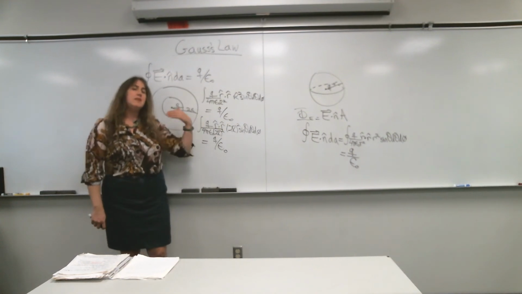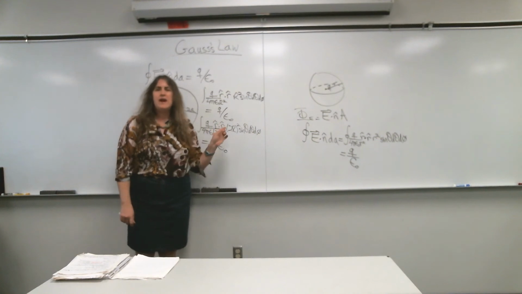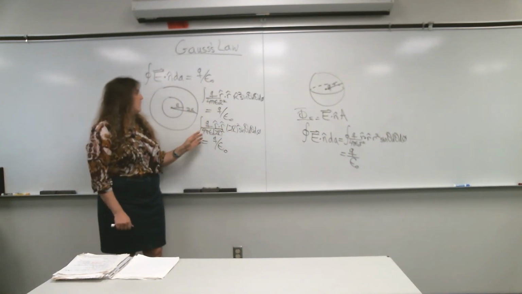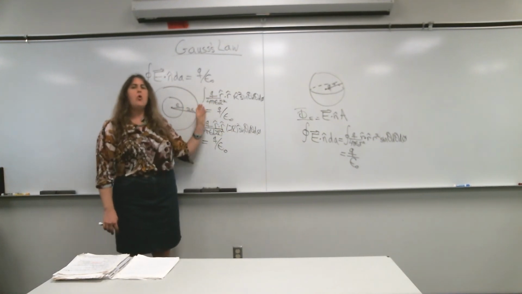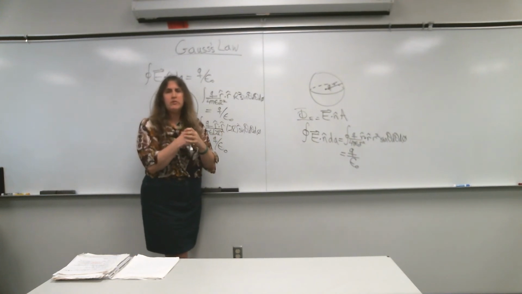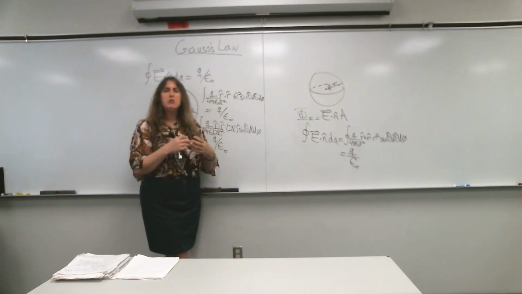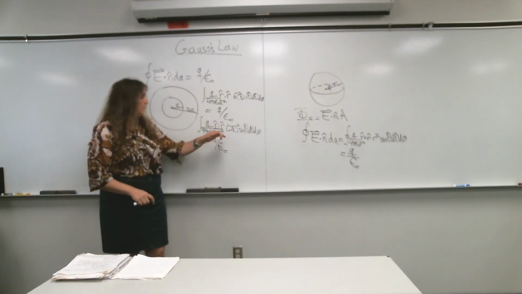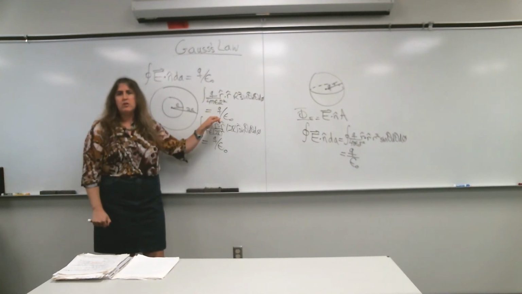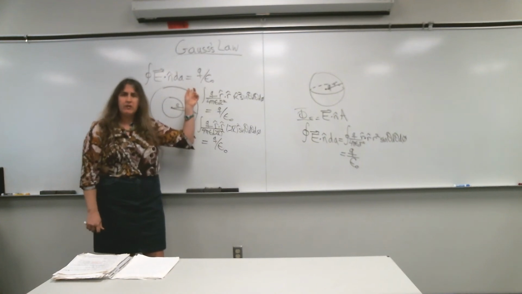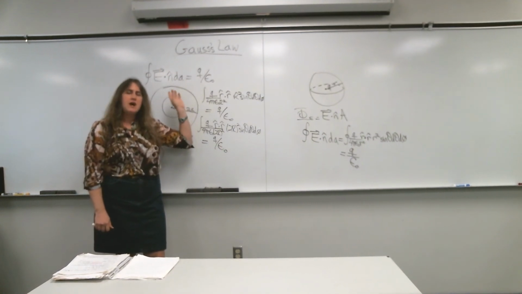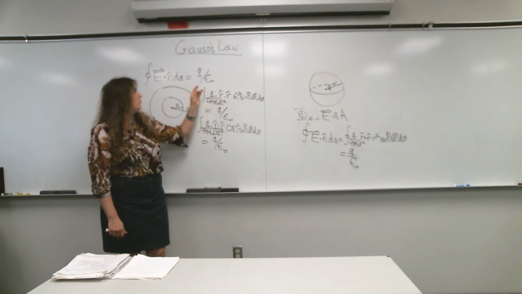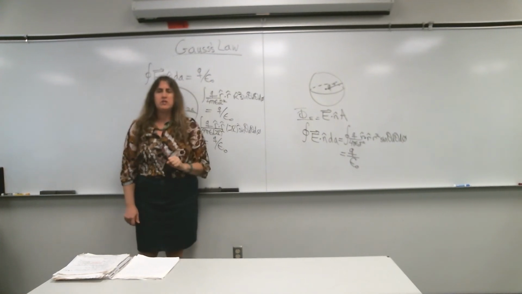To generalize this even further, I don't need to have a sphere, because what holds over the whole area also has to hold for parts of the area. So if I break down my irregularly shaped surface into small components, once again I'll see that the surface integral of my electric field is just going to give rise to a q over epsilon naught.